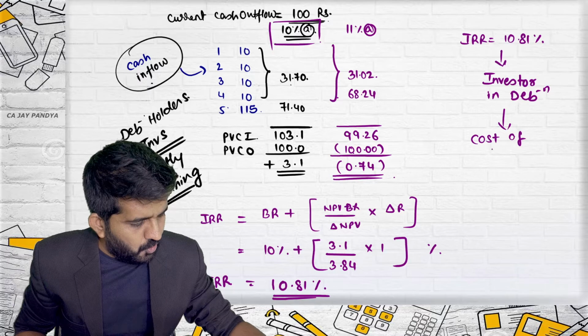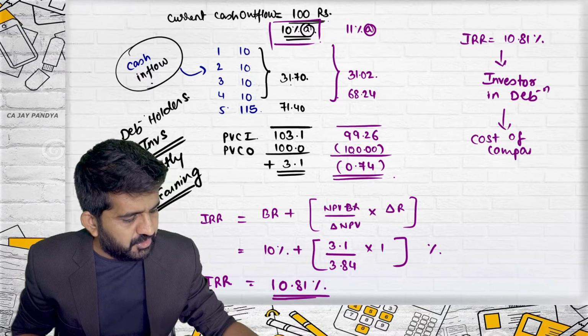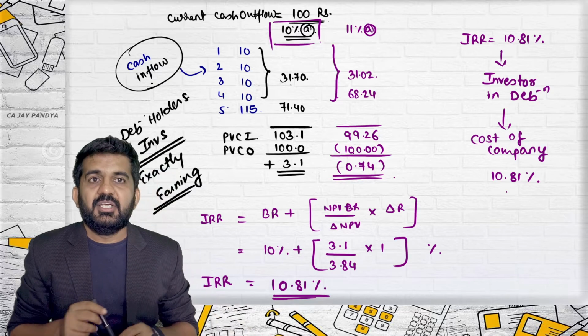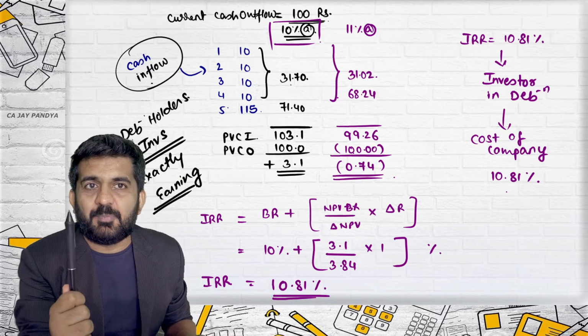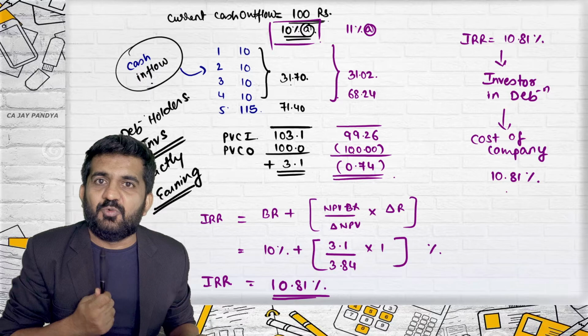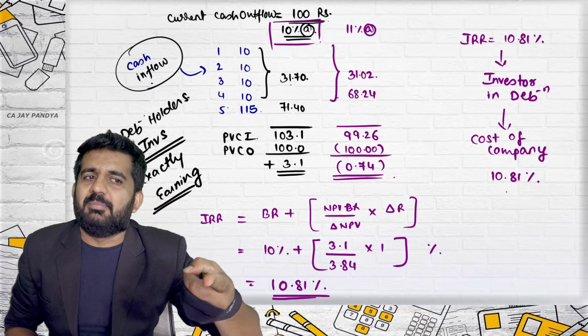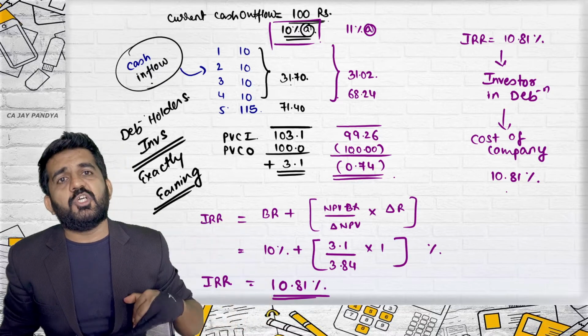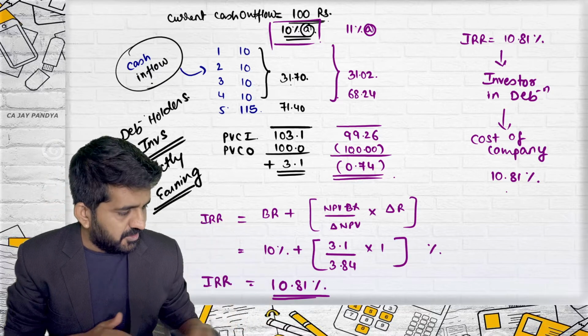So the cost of the company for this particular debenture will be 10.81%. See, if I am selling you this pen at the rate of 10 rupees, my revenue will be 10 rupees and your cost will be 10 rupees. That cannot change. So if you are earning 10.81%, my cost of borrowing this money is 10.81% as a company.